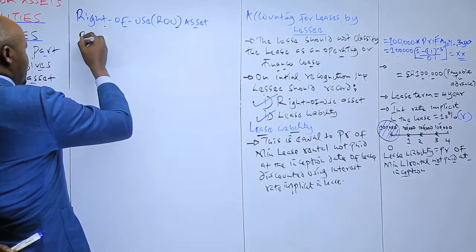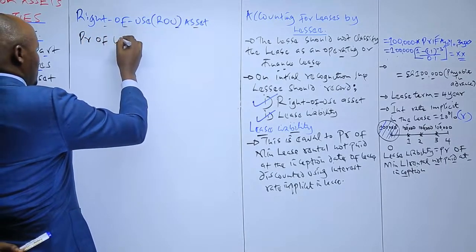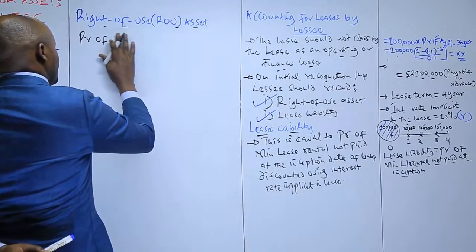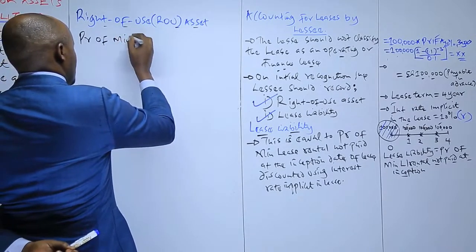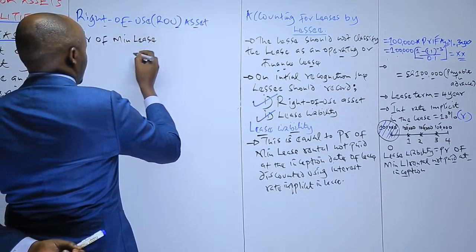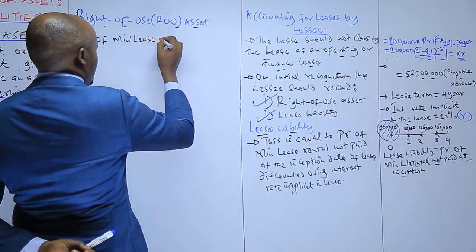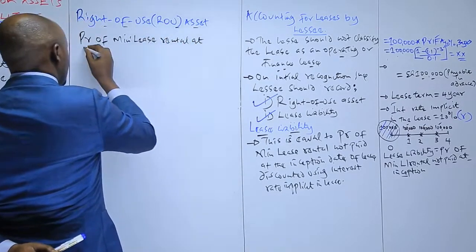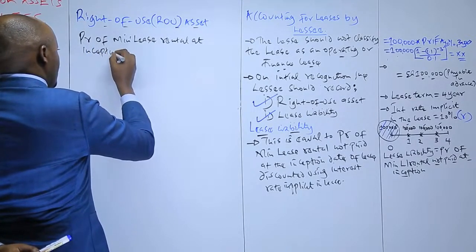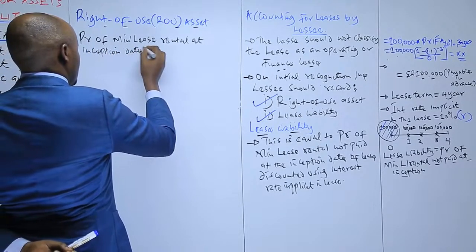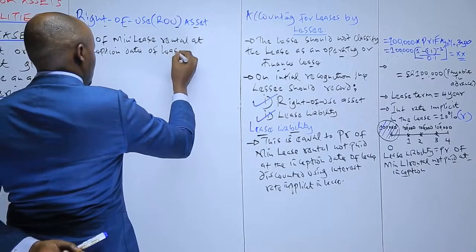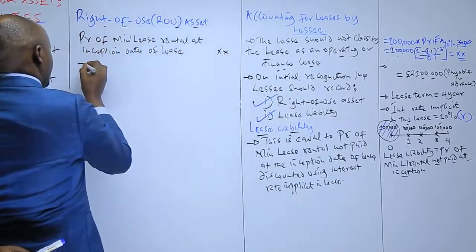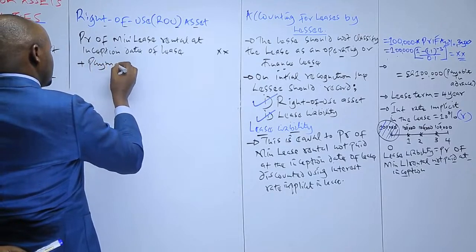present value of what we refer to as the minimum lease rentals, present value of minimum lease rentals at inception date of the lease, and then now to this we add payment.